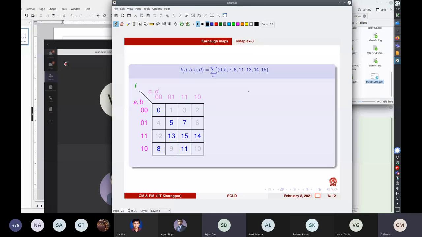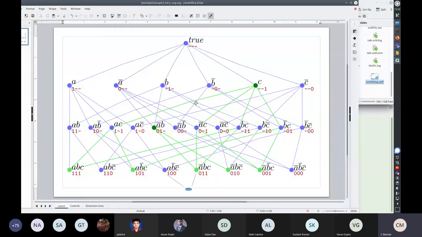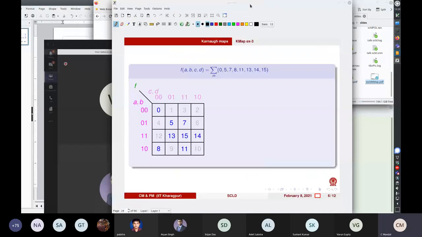You'll have 2 to the power 4, 16 atoms. And then you restrict yourself to only these atoms. These min terms are actually atoms in the Boolean lattice, right? So you just restrict yourself to these atoms, and why don't you draw this kind of a diagram?